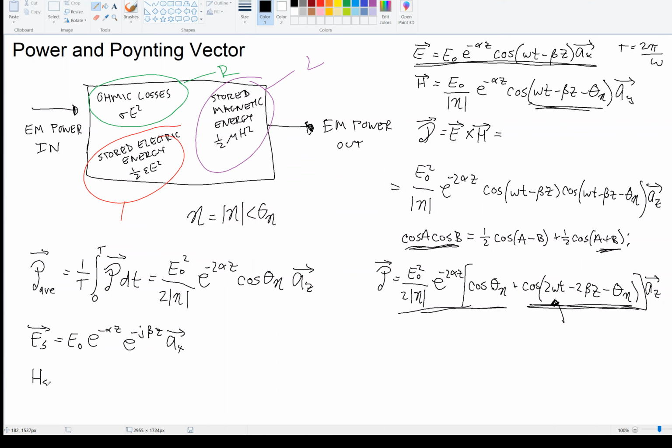And similarly, the magnetic field has a phasor E0 over the absolute value of eta, e to the negative alpha z, e to the negative j beta z, and then e to the negative j theta eta, in the y direction.